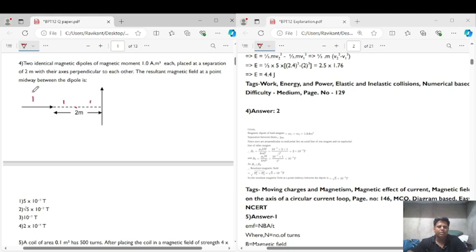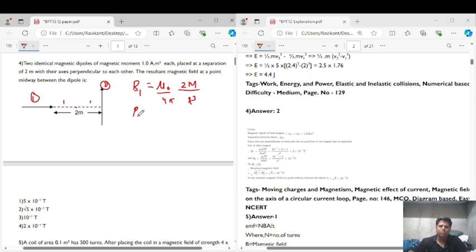Let this be the first magnetic dipole, and this will be the second magnetic dipole. The magnetic field because of the first dipole: the point lies on the axial line. So we know that on the axial line, the magnetic field is given as mu naught upon 4 pi into 2m upon r cube, or you can say d cube, the distance of the point from the center of the magnet.